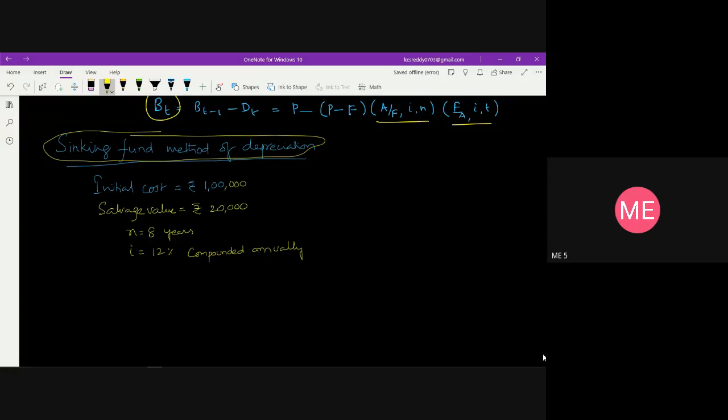Okay, so by using the sinking fund method of depreciation, we need to calculate the depreciation schedule.